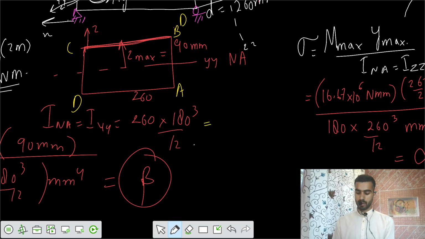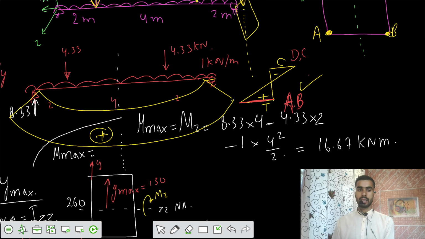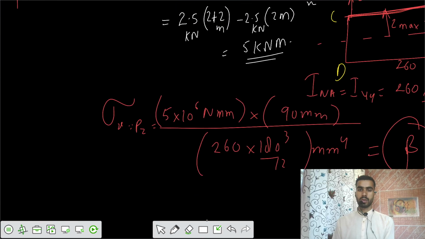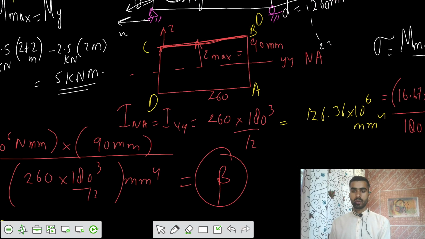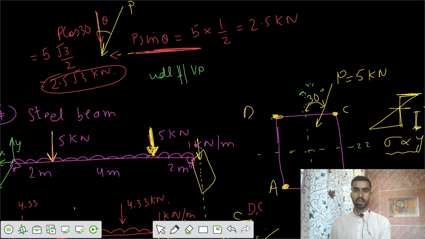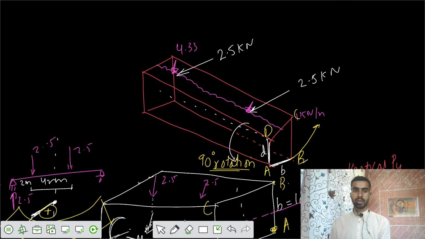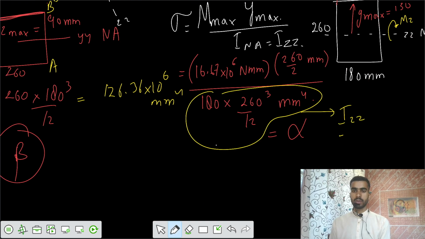Iyy comes out to be 126.36 times 10 to the power 6 mm to the power 4, and similarly Izz, if you calculate it, that would be 263.64 times 10 to the power 4.